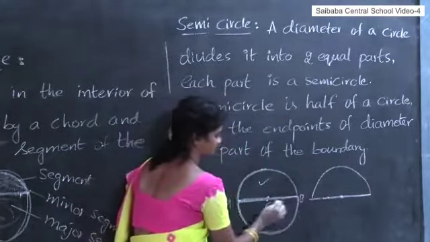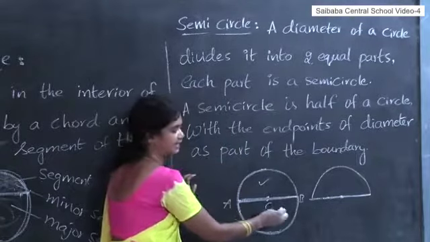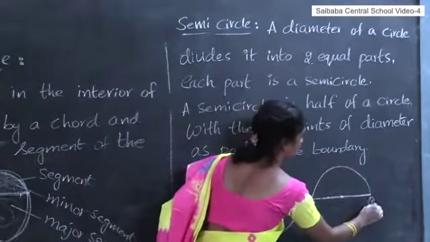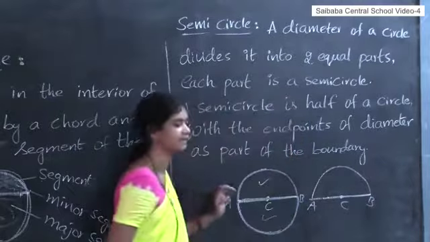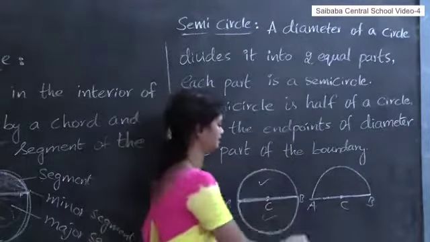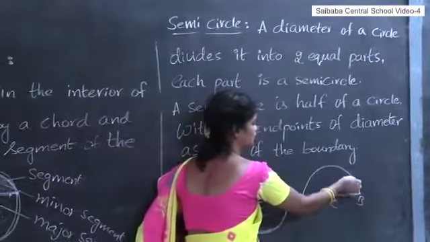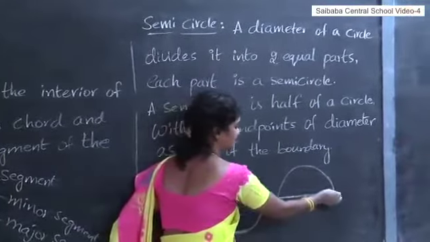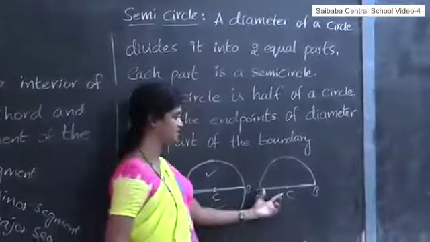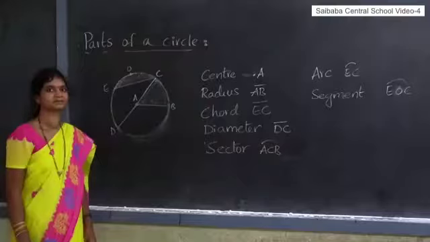If AB is the diameter and C is the center, here A, B and this is the C. For this semicircle, this diameter becomes the boundary.